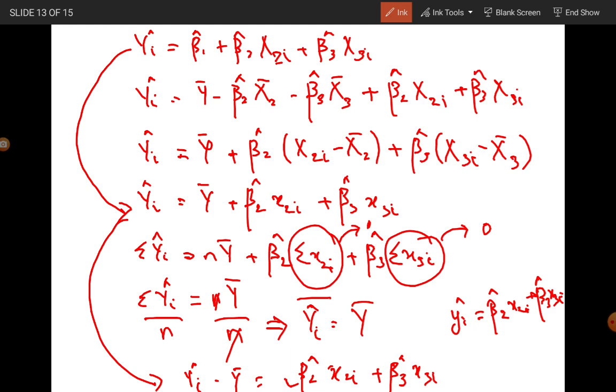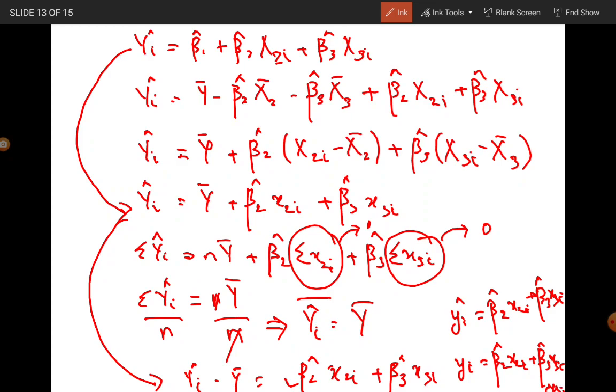Now based on this, I can write the regression equation in its deviation form. In its deviation form, the SRF can be represented as yi is equal to yi hat plus ui. So instead of yi hat, I'm writing it as beta 2 hat x2i plus beta 3 hat x3i plus ui.